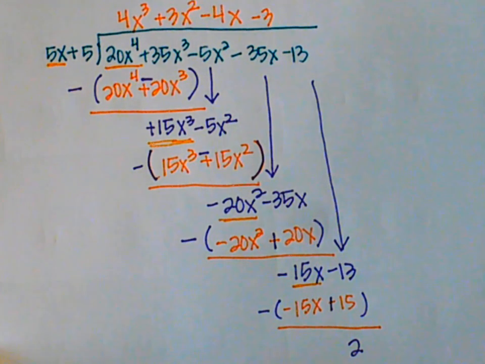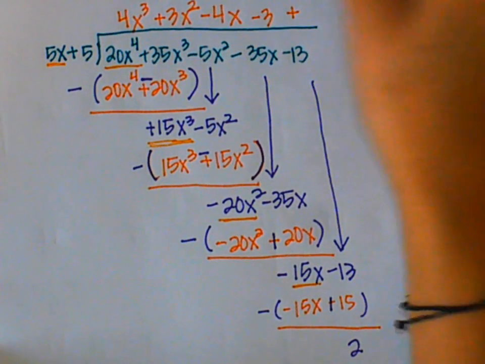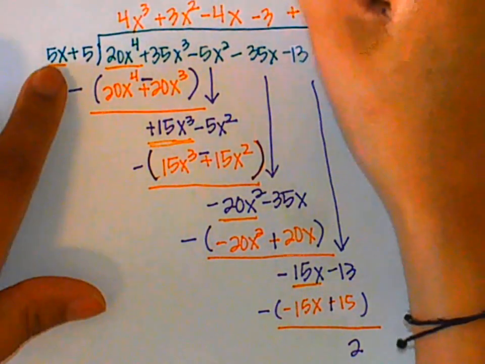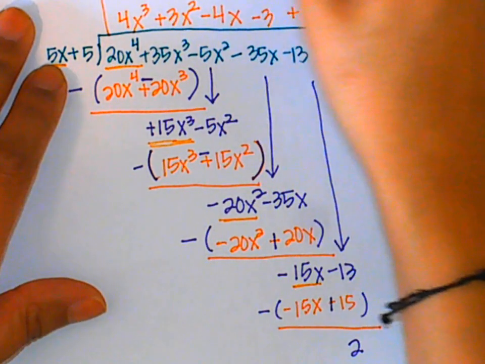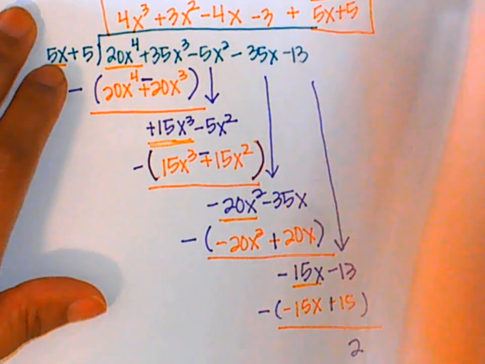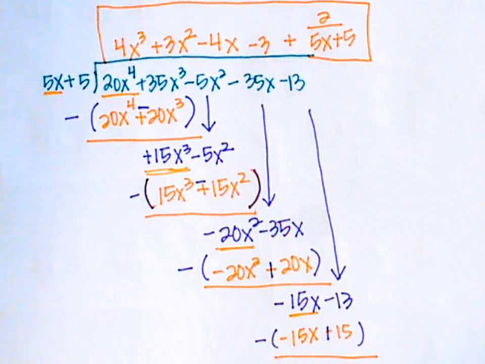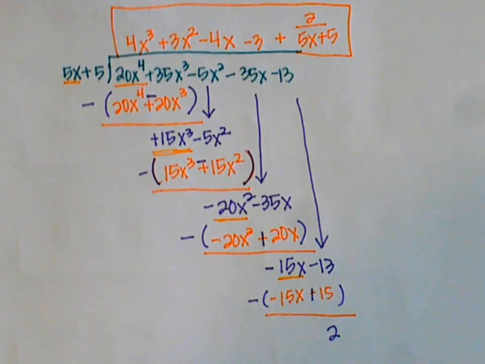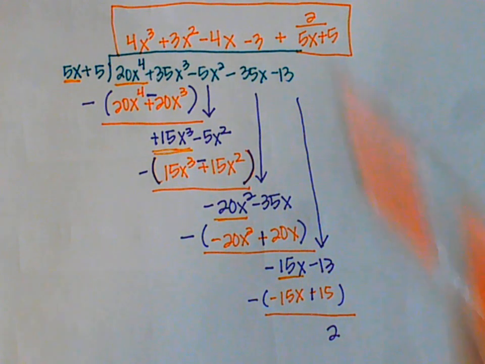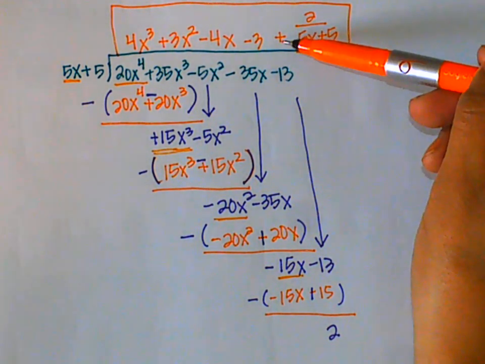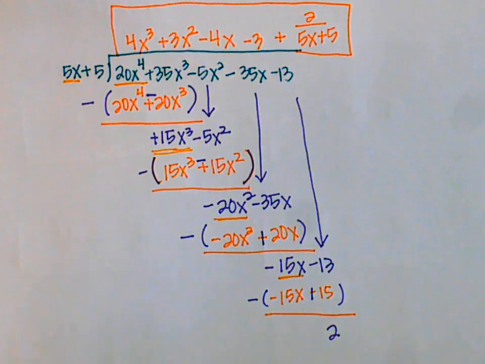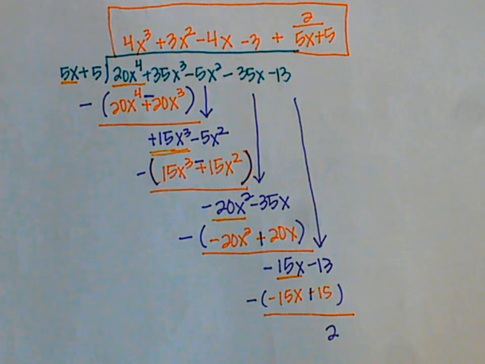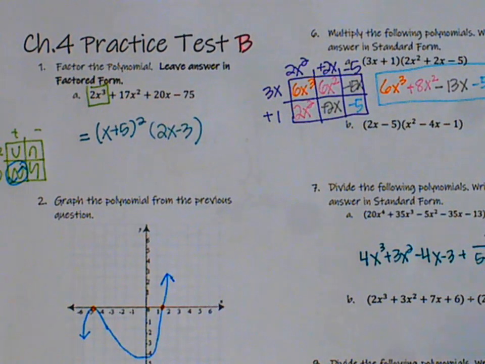So that means that I am going to add 2 over 5x plus 5. And that becomes my quotient. Remember the remainder, you bring the sign over because that becomes your operation, and then you put it over the divisor, which is this part here. All right, so transfer that answer over to here, and we can move on to number 8.